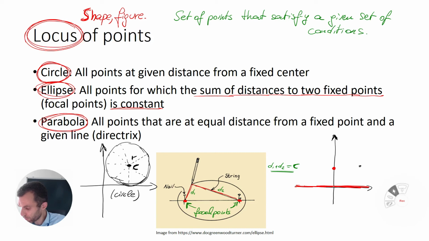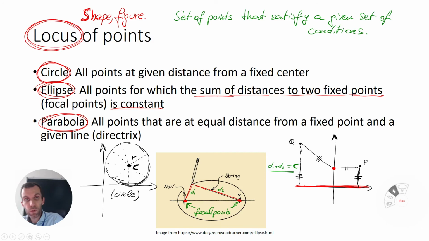So this could be, for instance, this point. If you look at that, this distance is about the same as this distance. On the other hand, another point that's on the locus could be this one right here. Let's call it Q, because this distance seems more or less equal to this distance right here.